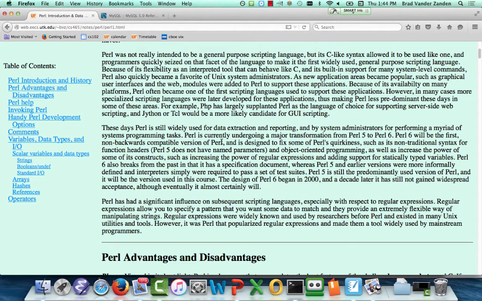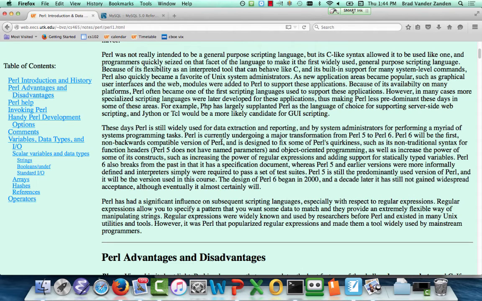Same thing with GUI scripting. Initially, it was the only game in town, so people used Perl, but then other languages like Jython, which is Java merged with Python, and Tcl were specifically developed to write GUIs, and therefore, again, Perl got knocked out of those niches.